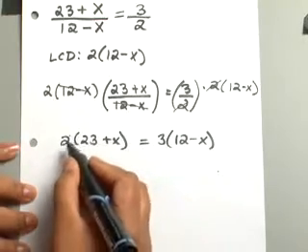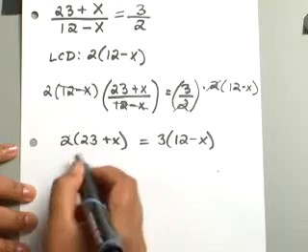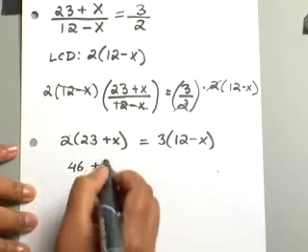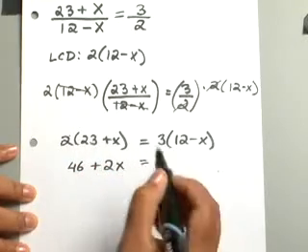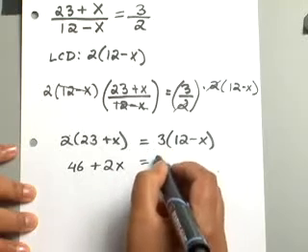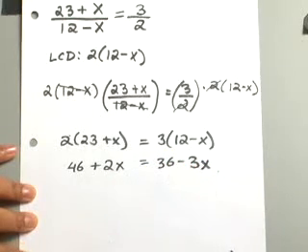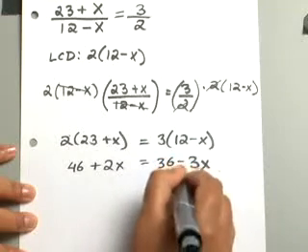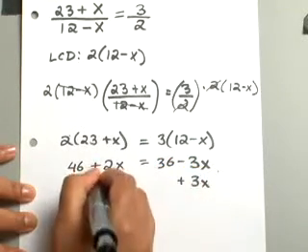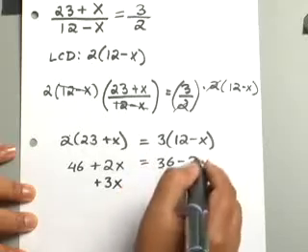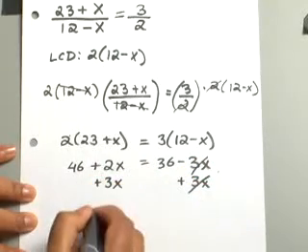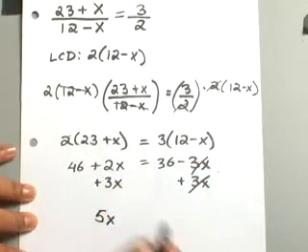Now let's distribute our 2, which gives us 46 plus 2x, which equals 36 minus 3x. Get your like terms on the same side. I'll move the 3x over to this side, which gives us 5x.